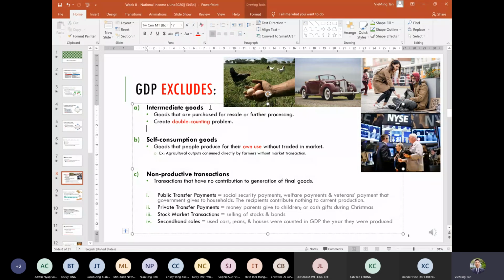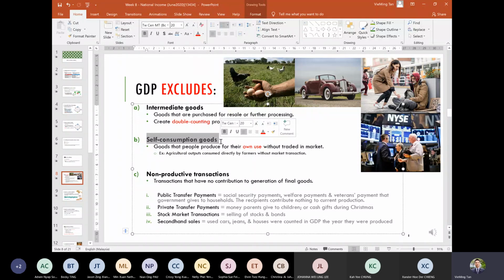The second type of goods that we should not include in the GDP calculation for the output approach is products produced only for personal consumption, for self-consumption. This usually happens in the village. The farmers usually just produce agriculture products for family consumption, for own use only, without trading in the market.